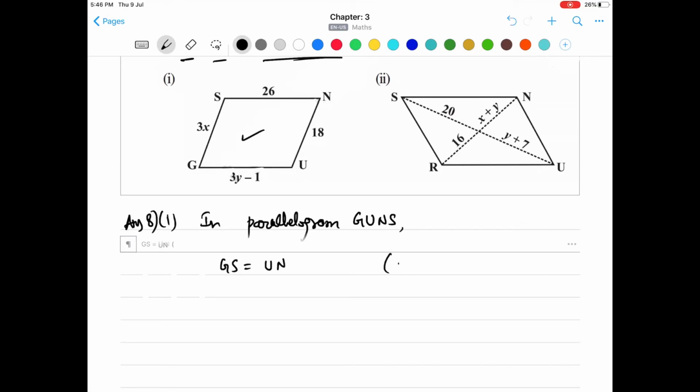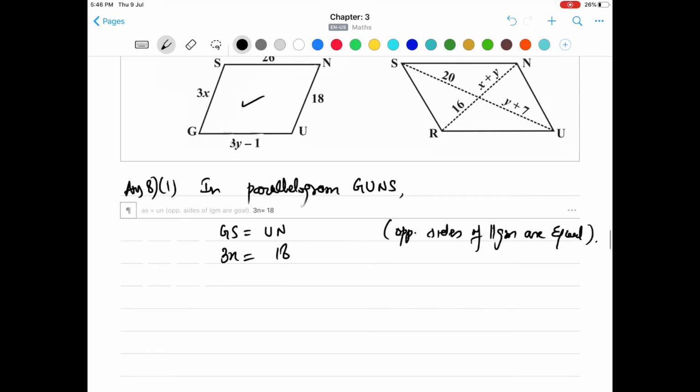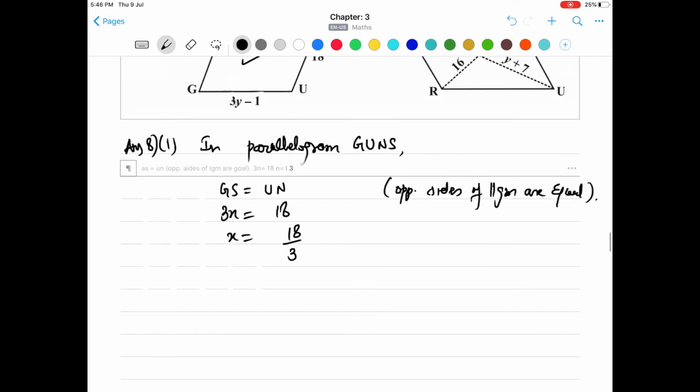Why are they equal? Because opposite sides of a parallelogram are equal. We are given GS as 3x and UN as 18. So x will be equal to 18 divided by 3, which is 6 centimeter.